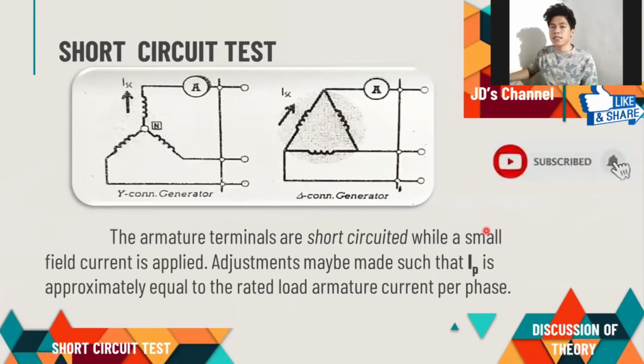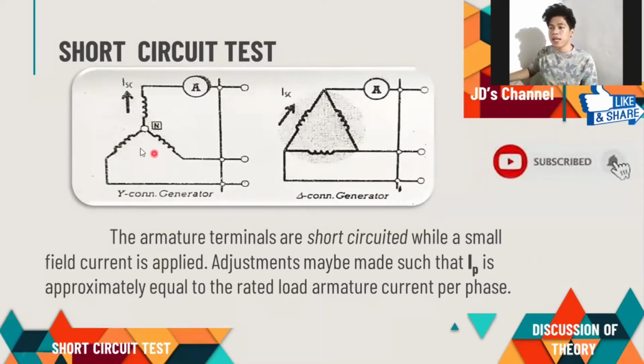Short circuit test, as you can see in the figure class, the armature terminals are short circuited and a small field current is applied. Adjustment may be made such that the I phase is approximately equal to the rated load armature current per phase.